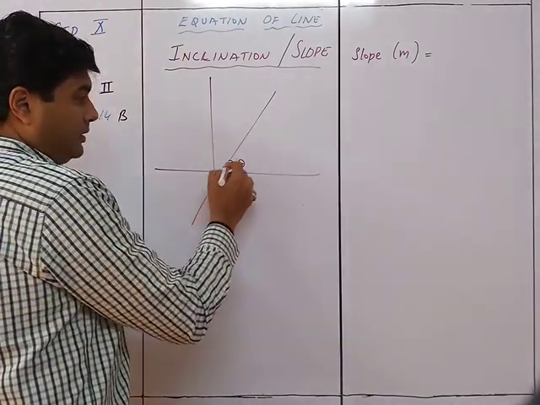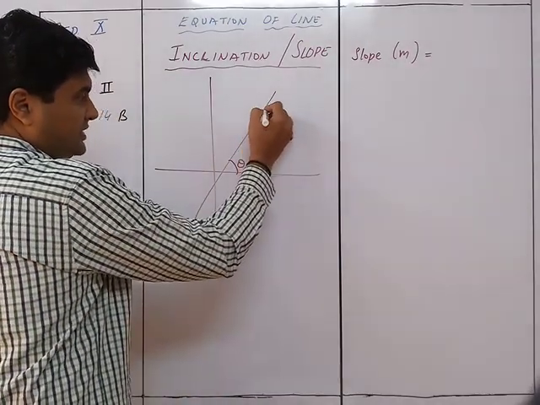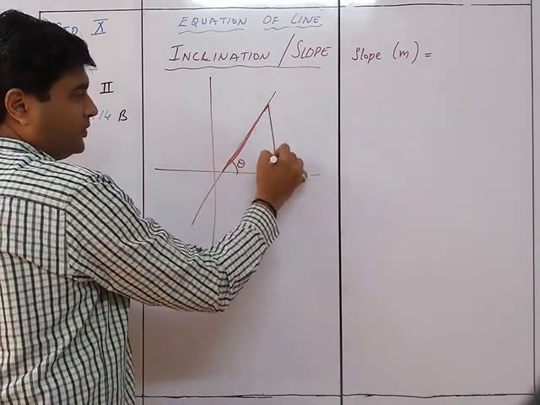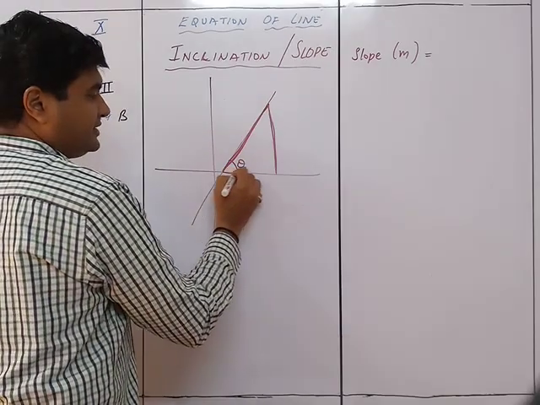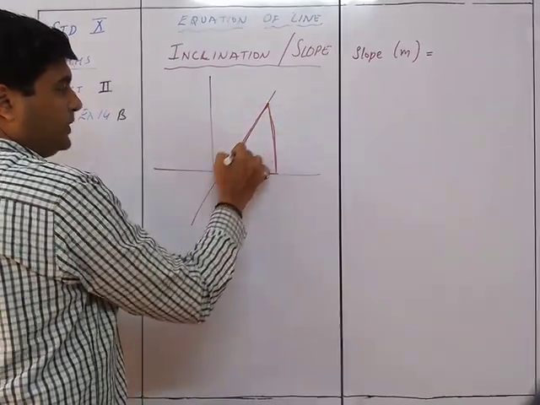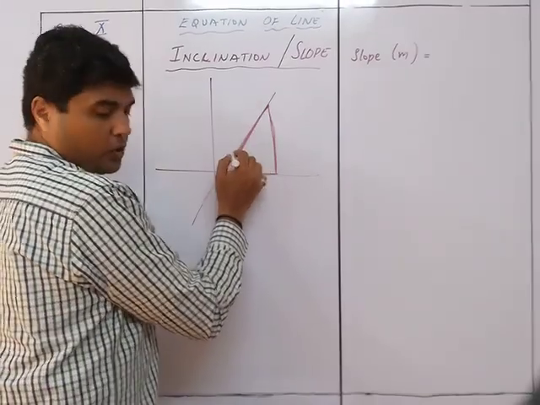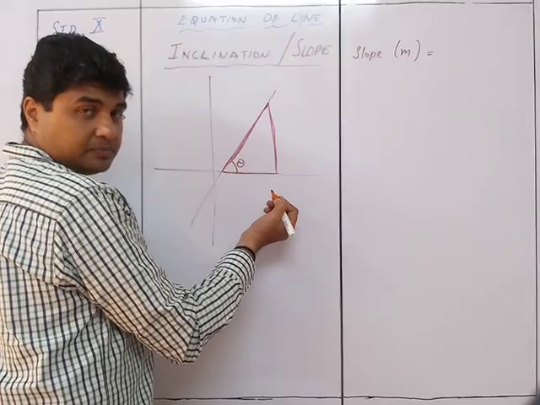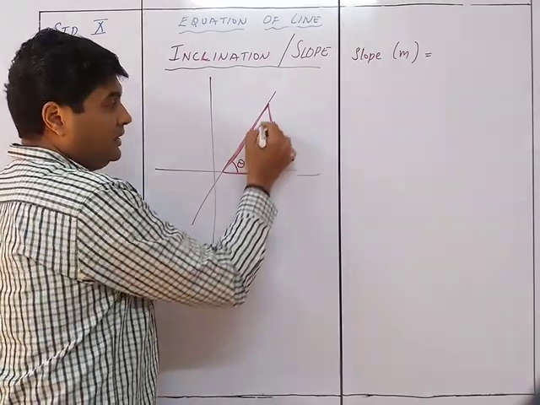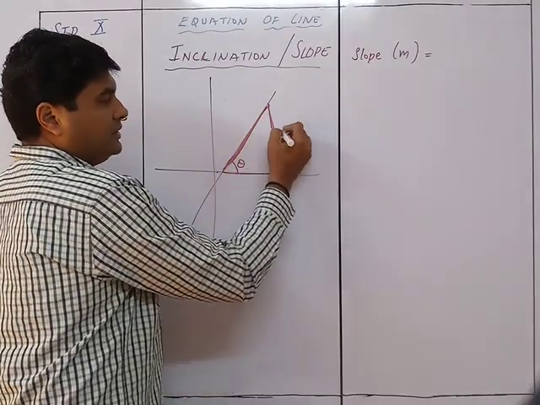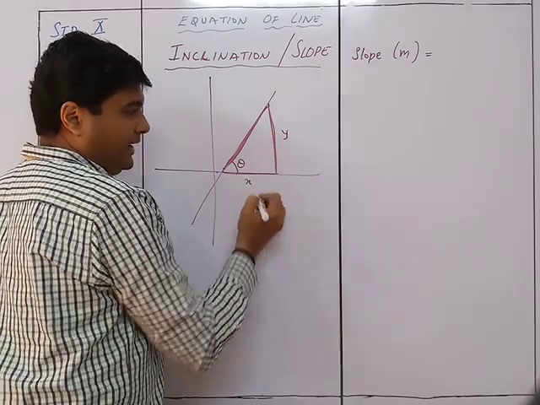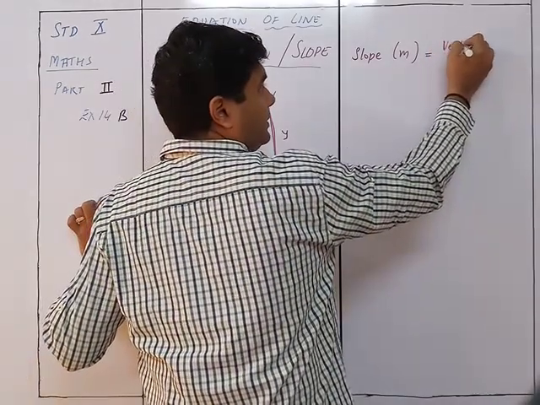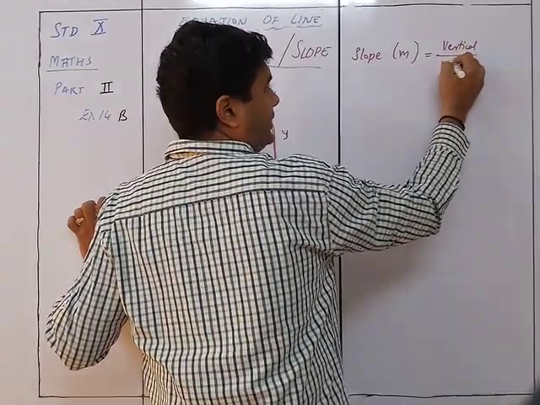If I take this line, this is the slope we are talking about. Suppose this is the height and this is the base. This line is nothing but the vertical rise upon the horizontal run. The slope is given as y upon x. It is nothing but vertical upon horizontal.